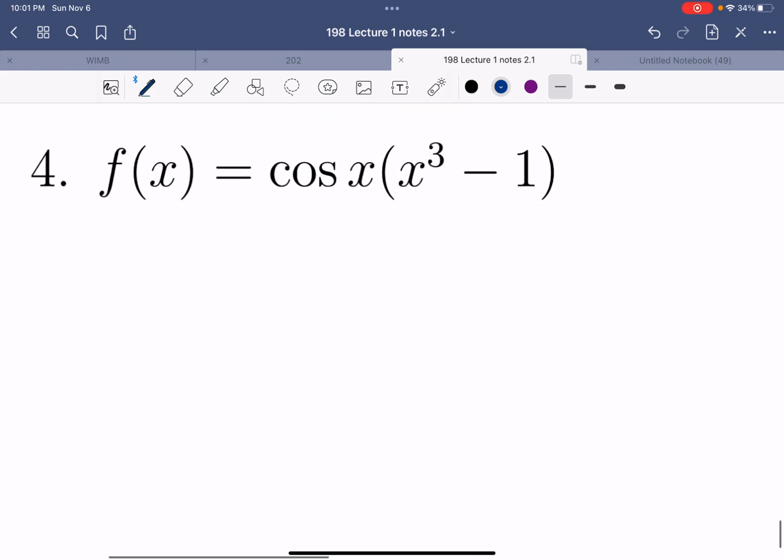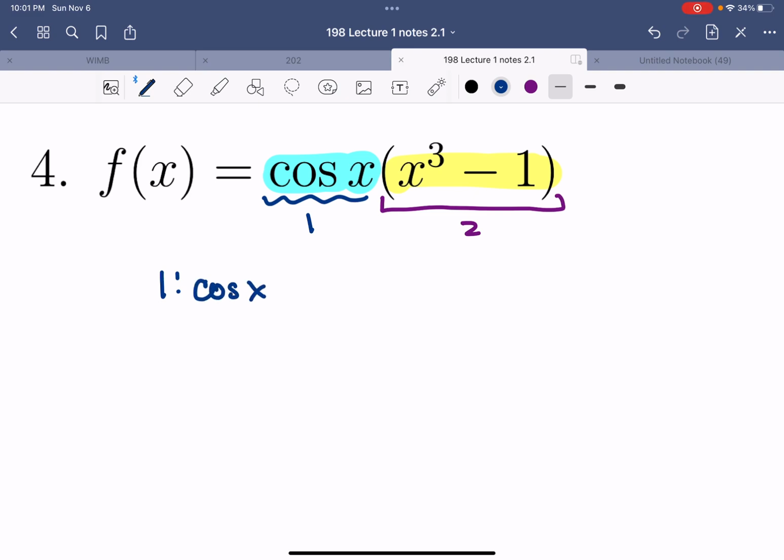Number 4, here the x belongs to the cosine, so that's all one term. And then this is a second term, so these two are being multiplied together. So this is function 1, and this is function 2, so I'm going to use a product rule. So function 1 is the cosine of x, and its derivative is negative sine x.